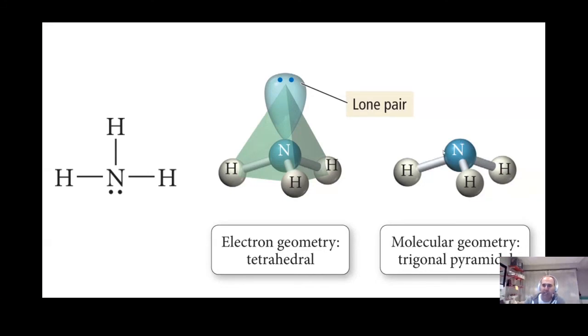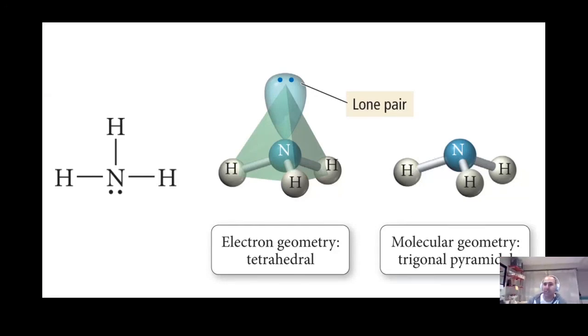What happens is that the lone pair repels a lot, because the density of the electrons is really close to the surface of the atom. So the molecular geometry, which is the geometry that we observe, is trigonal pyramidal.